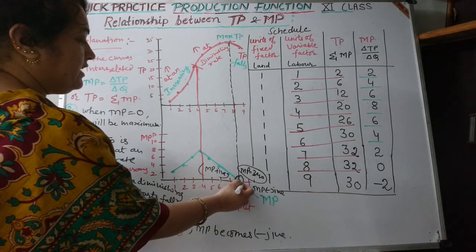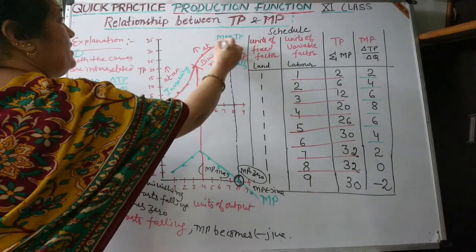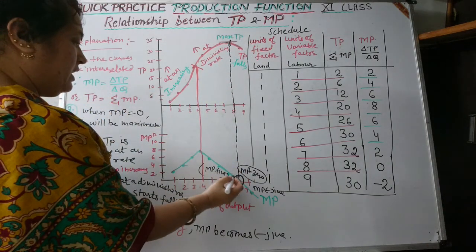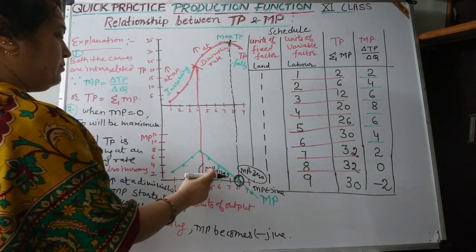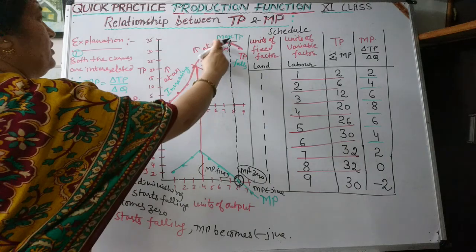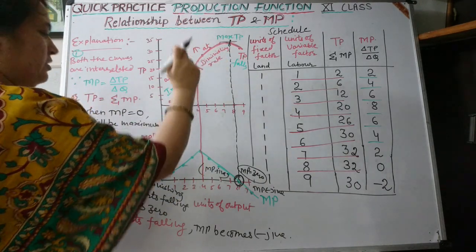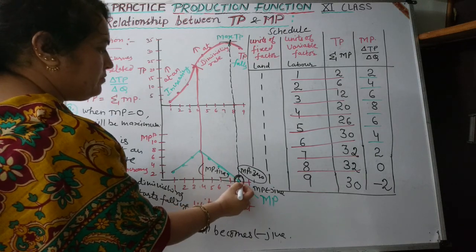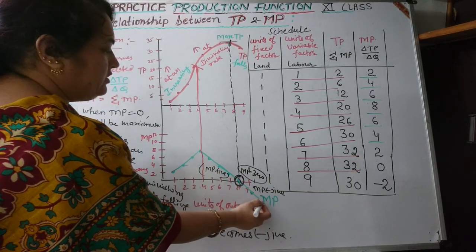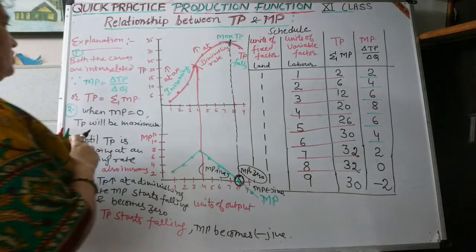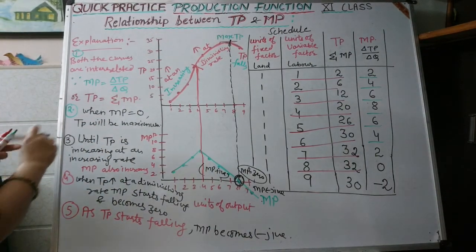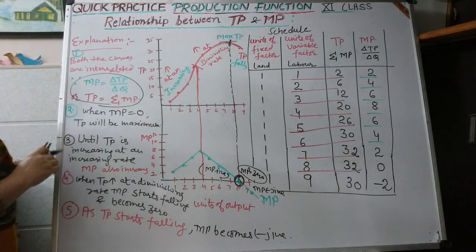Number 1, where MP is 0, TP is maximum. Until MP is positive, TP continuously increases, either at an increasing rate or diminishing rate. As MP becomes negative, TP starts diminishing. So this is the relationship between TP and MP.